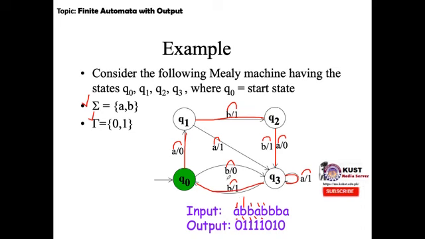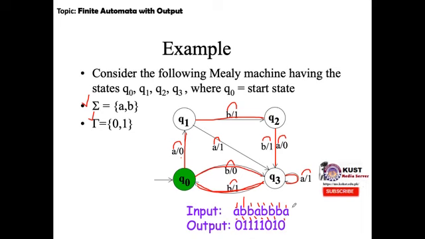And we have a B again. B again, what do we do? We print 0. Then we have B again, and what will we print? We print a 1. And then we have an A, and what will we print? We print 0.